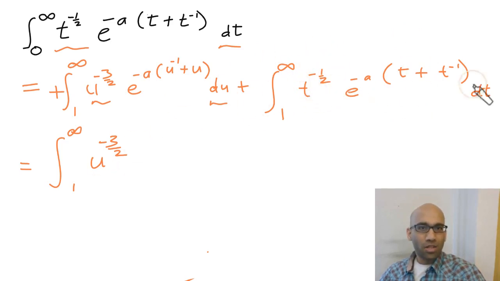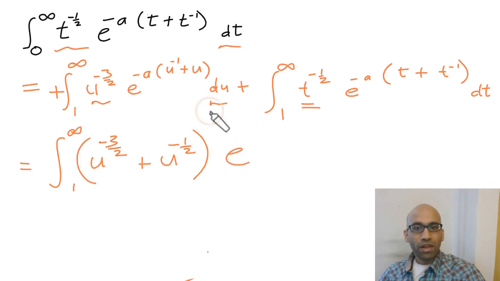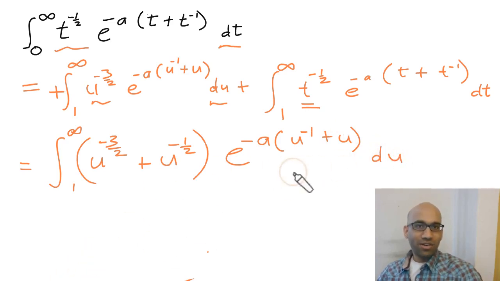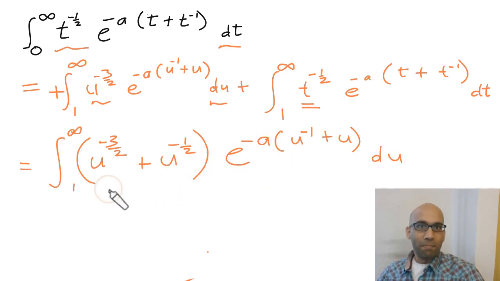So we can write this as u to the power minus 3 divided by 2 plus u to the power minus half, and then everything else is the same: e to the power minus a times (u to the power minus 1 plus u), du. If this step is not clear, write it down in the comments and I'll explain it a little bit better.